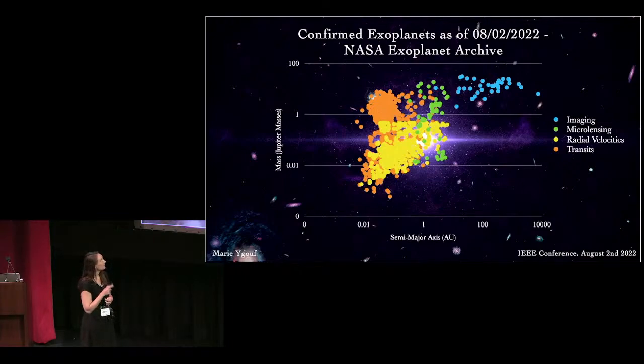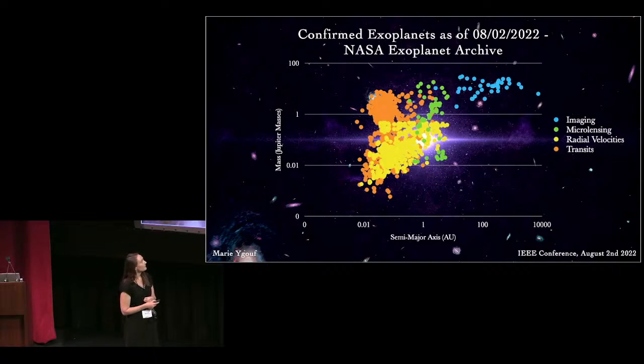So this plot actually shows the mass of the exoplanets as a function of the semi-major axis. So those planets are further from their star than those ones. So we can see that those techniques are actually complementary. So we can probe a different population of exoplanets with direct imaging. So that's the first advantage.